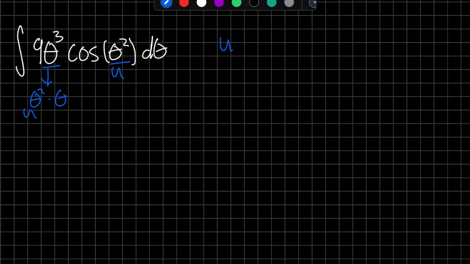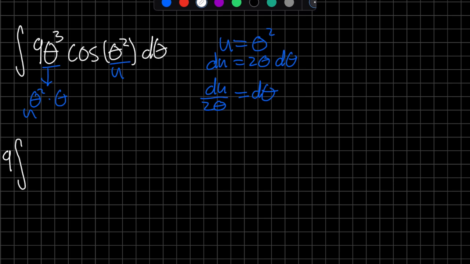Let's do u equals theta squared, derivative of both sides gives us 2 theta d theta. Now, getting that d theta by itself, we have du over 2 theta equals d theta. So now plugging everything back in, we can pull that 9 out in the front, right?